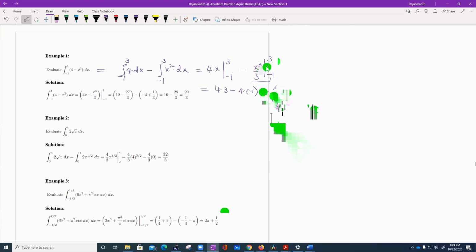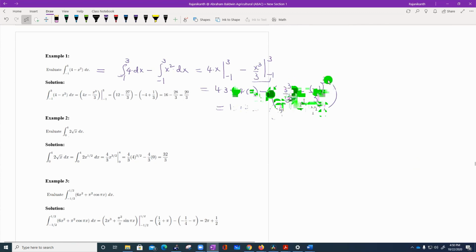Now plugging in the upper limit here, 3 cubed over 3. Then always subtract the lower. The lower bound has a negative sign, -1 cubed over 3. That's it. Now you have to simplify. 4 times 3 is 12. Minus times minus is plus 4. Then minus, let us simplify inside first. This is 9.